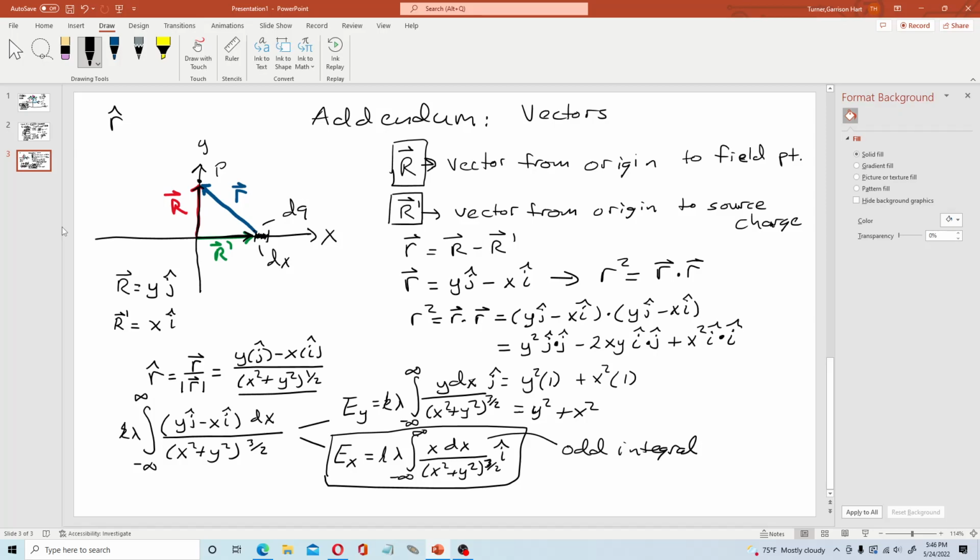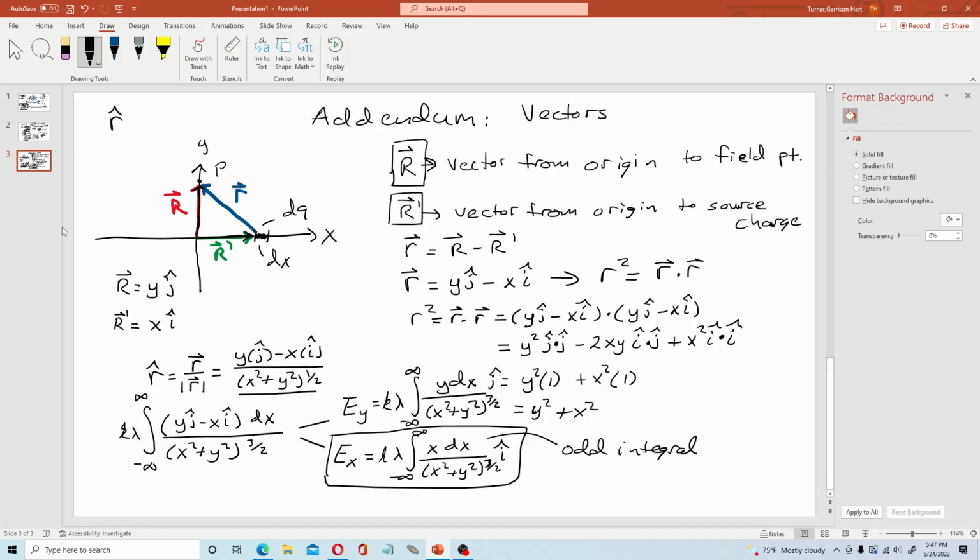My limits are symmetrical about the origin, and I have an x right here, and x is an odd function. Linear functions are odd functions, especially when they don't have any intercepts. So this integral would spend as much time underneath the axis as it would above it, and when I add those two areas up, they cancel each other out because one would be negative and one would be positive.